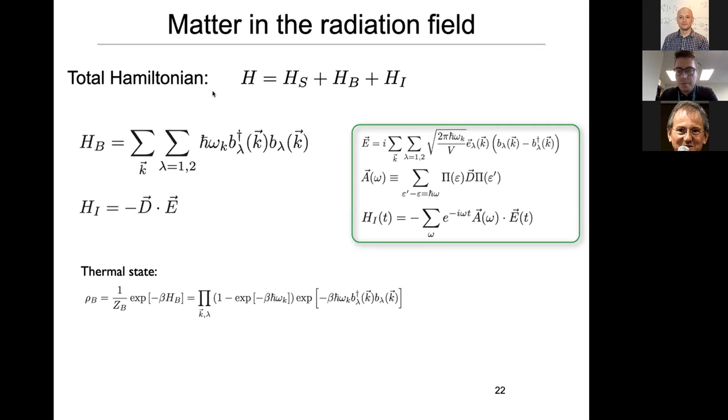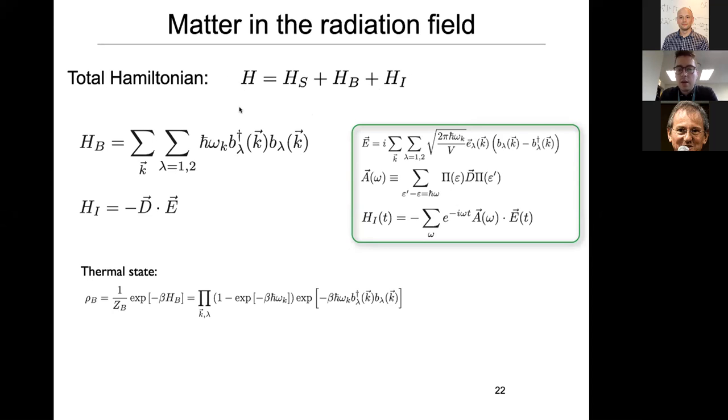Okay, so just to introduce the relevant ingredients, we basically take the total Hamiltonian. In this quantum optics situation, the total Hamiltonian of our system is written in the following way.